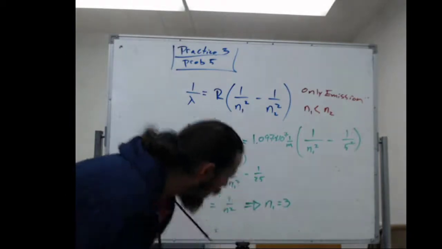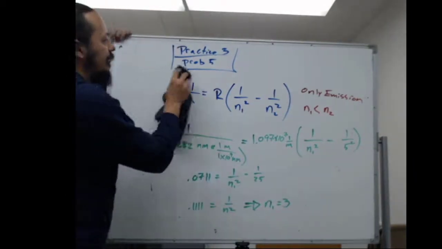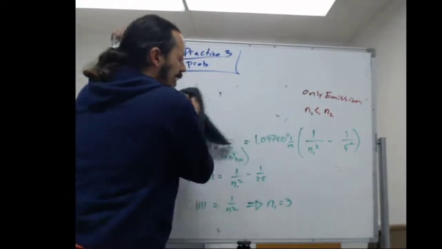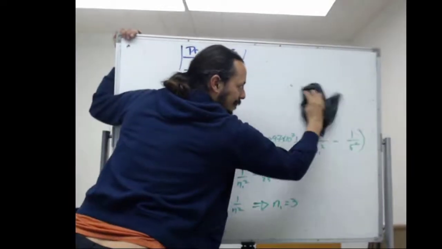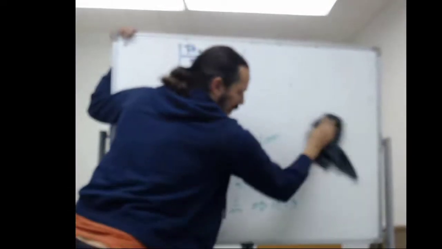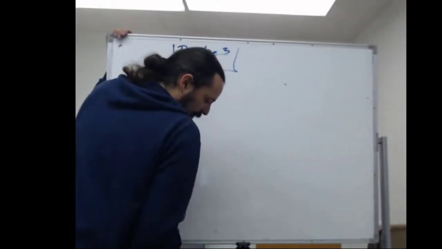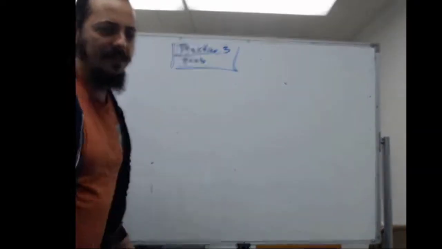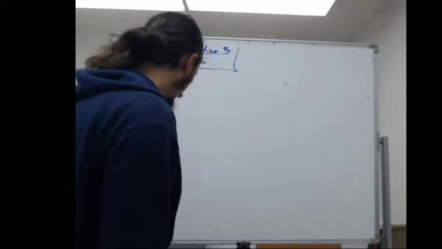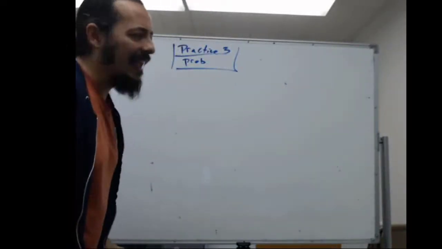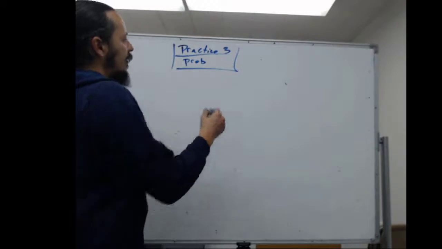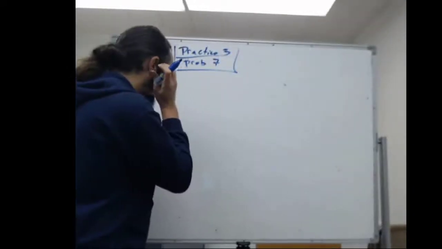One of my favorite units for energy is electron volts. Now this is a relatively useless unit of energy for everyone besides chemists and atomic physicists. It's the energy scale of electrons. So this is going to be problem 7.